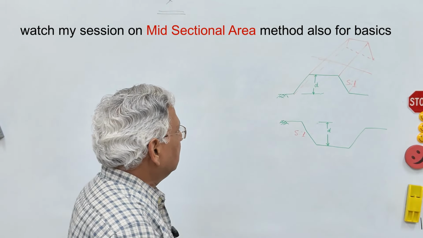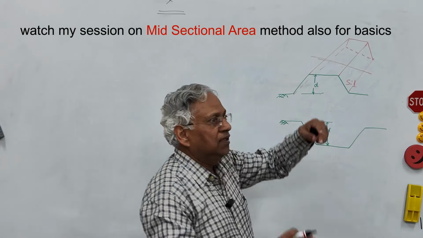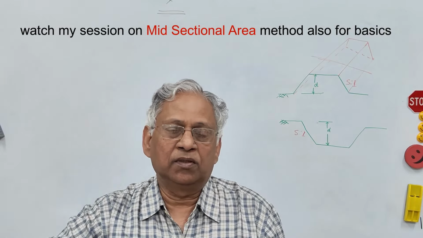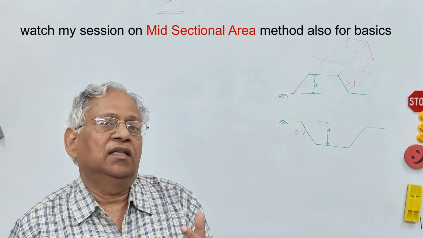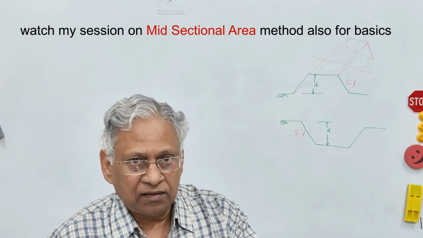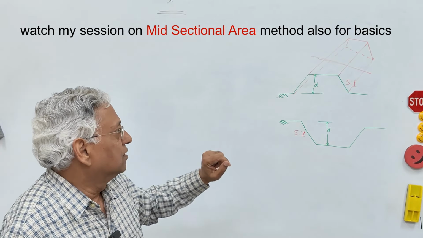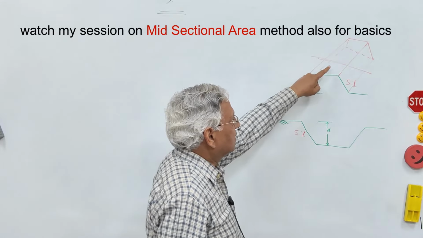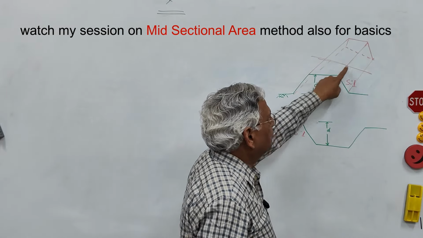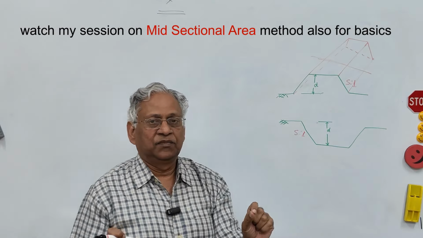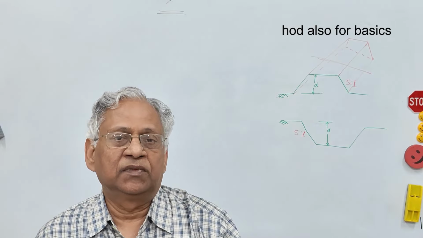This depth is taken because there is a longitudinal slope on the formation level, and therefore the depth will change every meter. So in the mid-sectional area method, we consider the depth at the midpoint of the two ends of the chain length, and chain length is 30 meter.